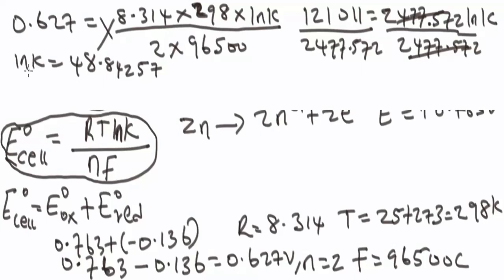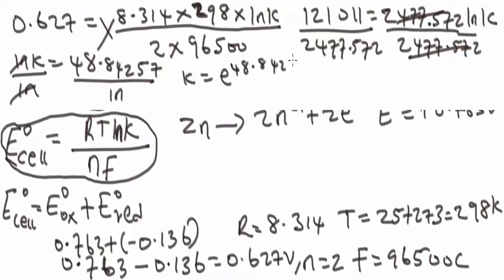Now to get the value of K, you divide both sides by ln. So our K will now be the ln inverse of this value, 48.84257. So when you punch it with your calculator, you're going to have ln inverse give you exponential to the power 48.84257. So let me punch it with my calculator.